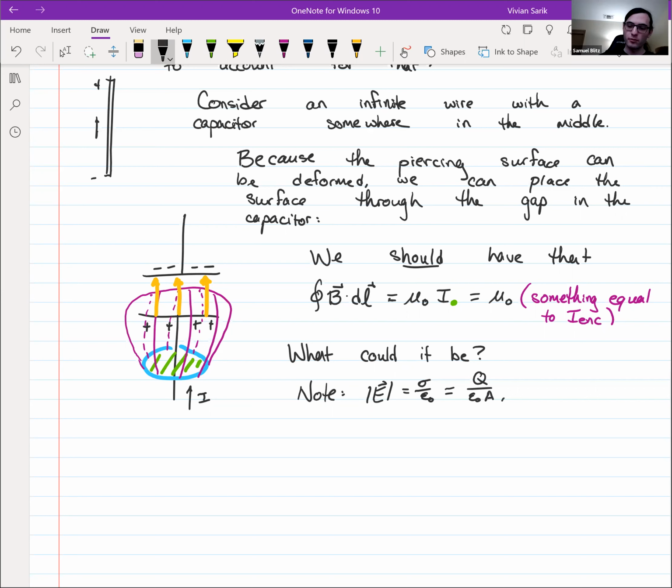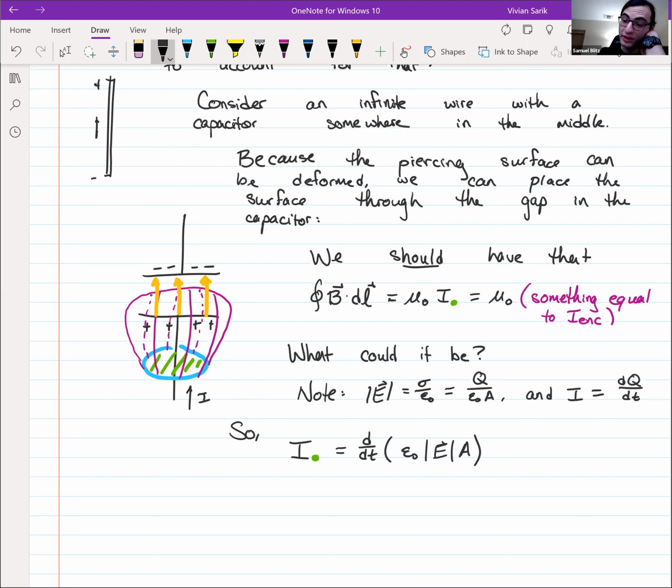Further, the current is going into the capacitor, the charge is increasing. So the current is just dQ/dt. So the current that passes through the green surface is equal to the time derivative of epsilon naught times E times A. Now, how did I get that?